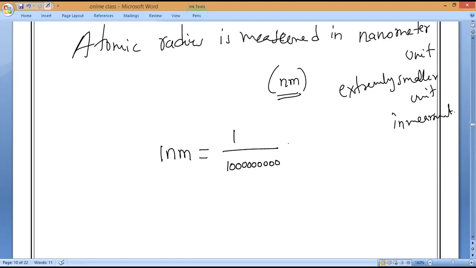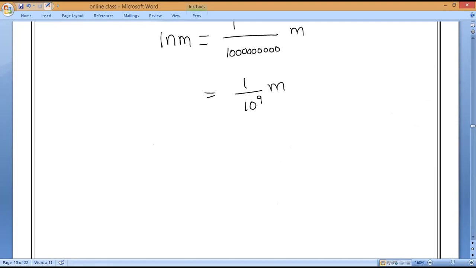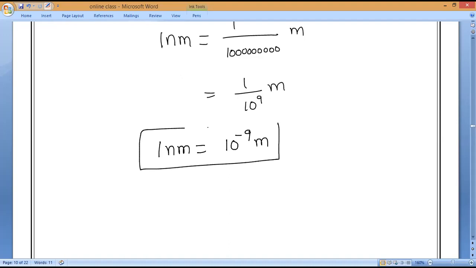That is 9 zeros, meters. Now this 9 zeros, how can I write it? 10 power 9. Can I write it or not? So 1 nanometer is equal to 1 by 10 power 9 meters, or 10 power minus 9 meters. This is the measurement for the size of atoms.